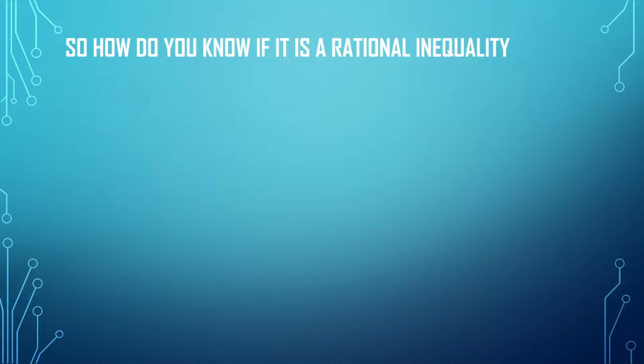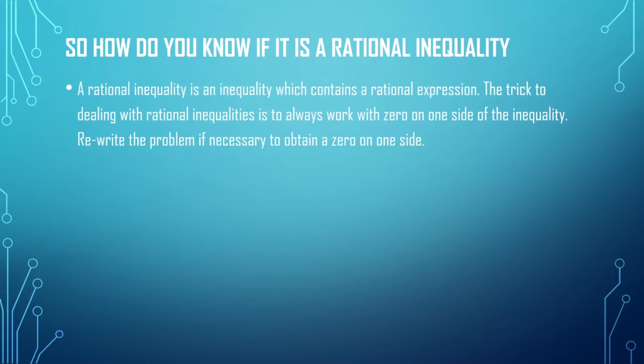So, how do you know if it's a rational inequality? A rational inequality is an inequality which contains a rational expression. The trick in dealing with rational inequalities is to always work with zero on one side of the inequality. Rewrite the problem if necessary to obtain a zero on one side.